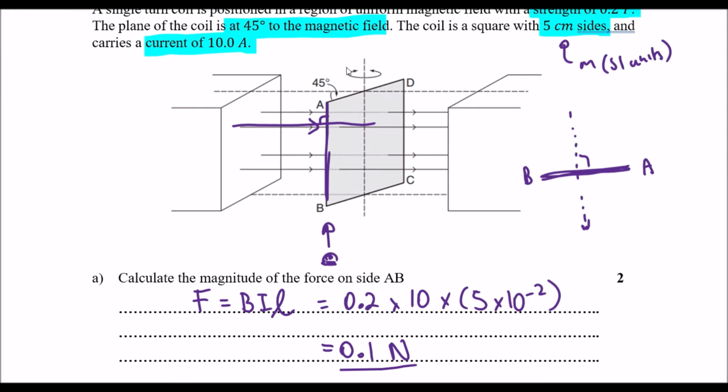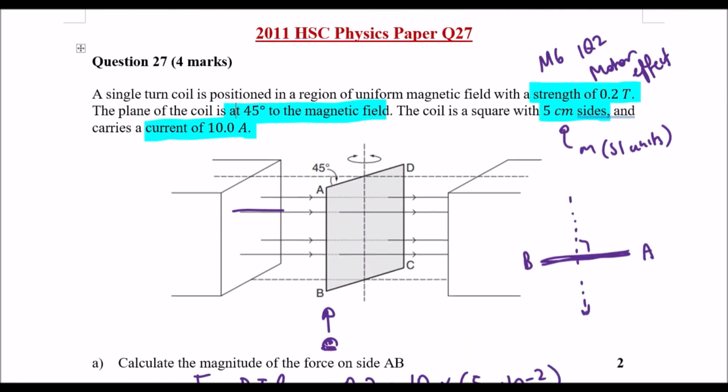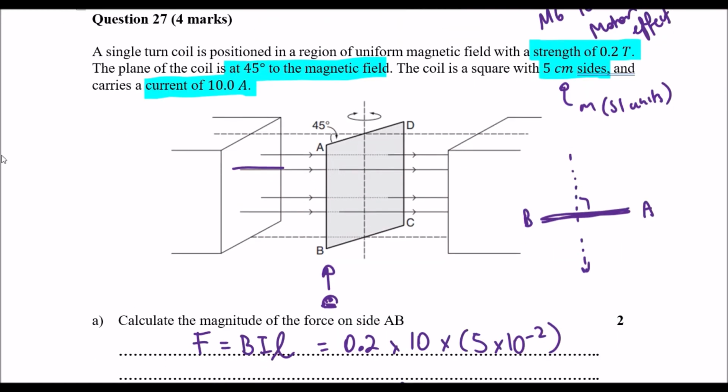Okay, so our coil, I might need to just rub out some of these diagrams here. Having a look back at our coil, it looks like it's rotating, going on both sides here.